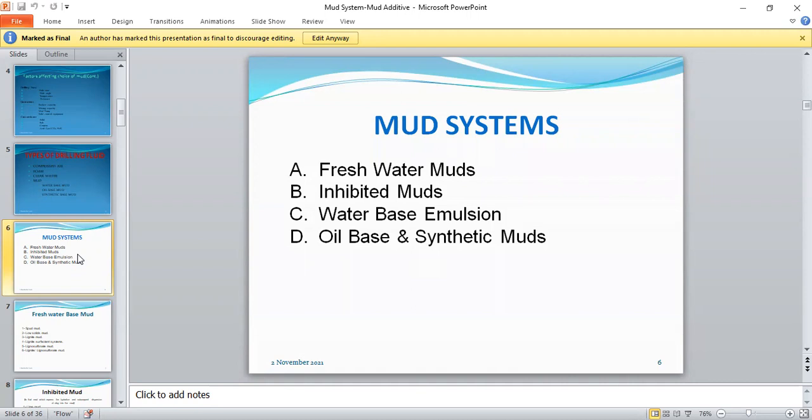The hardness is very low. That's the magnesium and the calcium ions are very low. And they use this fresh water to drill. Simple freshwater system could be bentonite. Bentonite is a viscosifier. Bentonite, calcium carbonate, soda ash, caustic soda, and the rest.